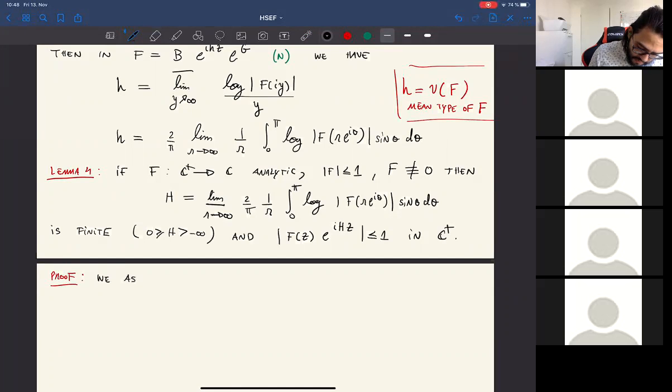We assume f is continuous in the real line, okay? So it's continuous up to the real line. And if that's not the case, then we do the epsilon trick.